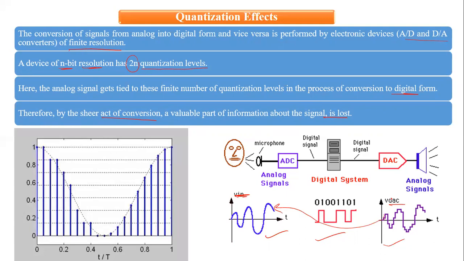We need to use A to D or D to A converters of high resolution, so that we can have the maximum number of samples. And when we have the maximum number of samples, the information lost is minimum, so it is quite easy for us to reconstruct the exact signal from the sample data at the output.